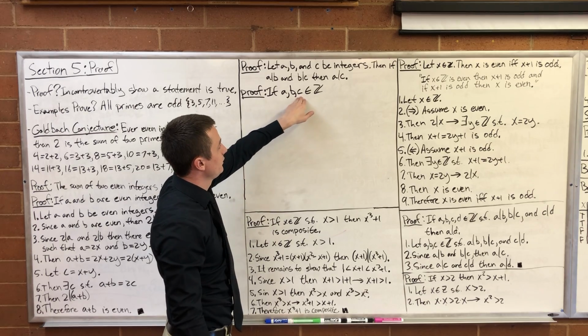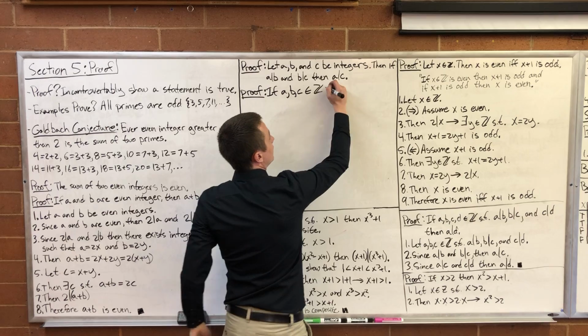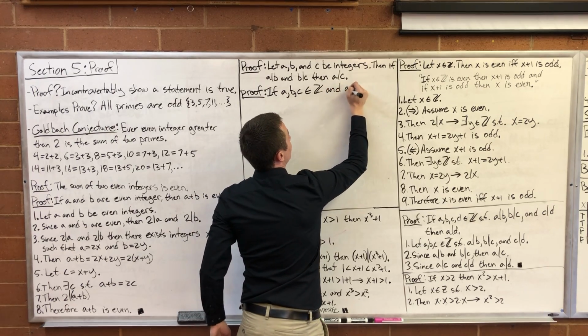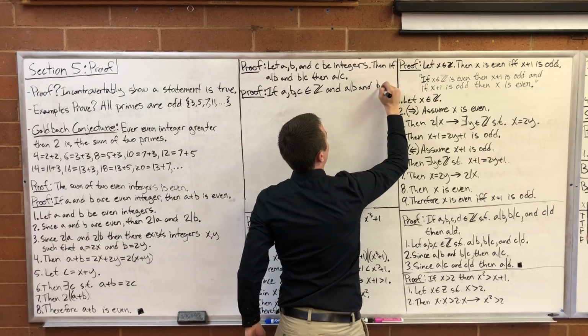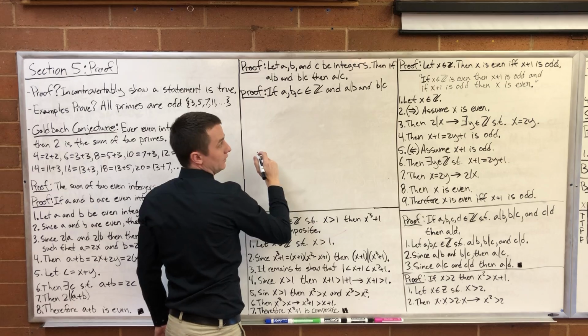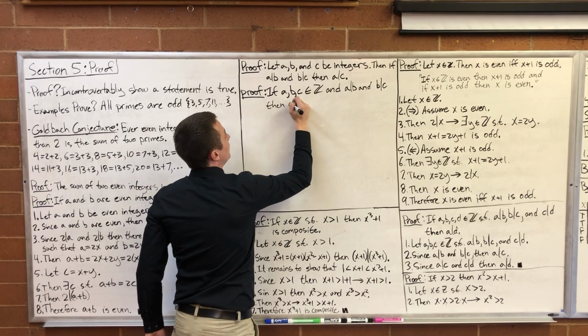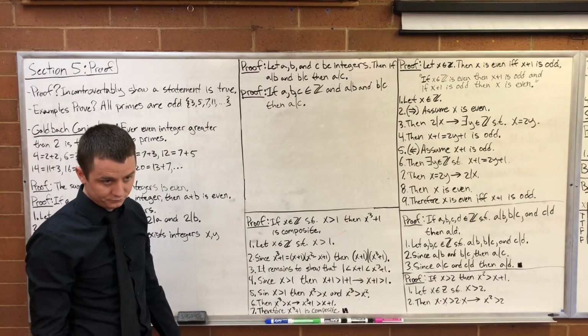If A, B, and C are integers, or are in the set of all integers, and A divides B and B divides C, then A divides C. Good enough. An if-then statement.